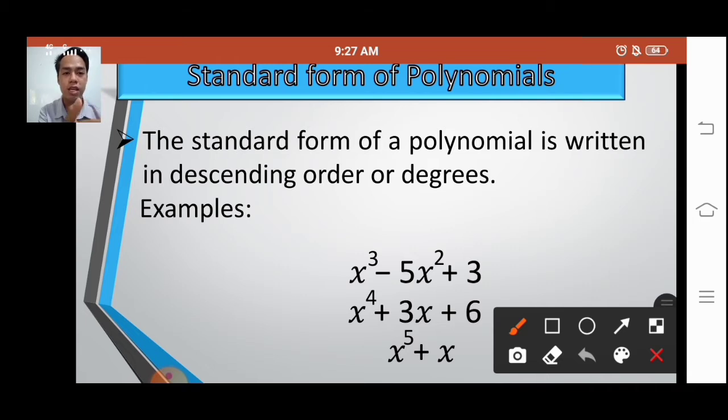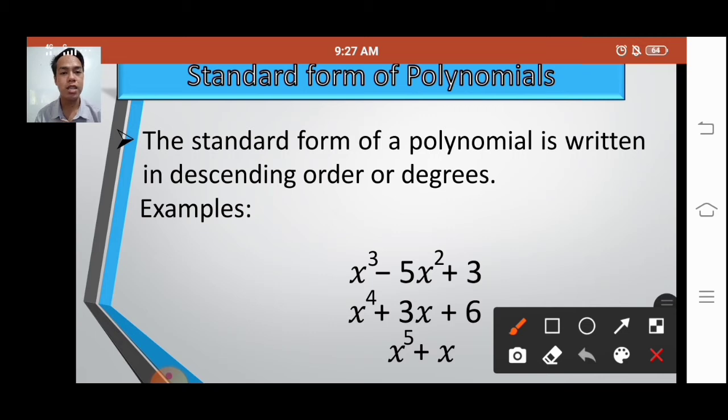So that is in descending order. Next, x to the 4th plus 3x plus 6. The first term is x to the 4th. The second term is 3x, which has an exponent of 1.